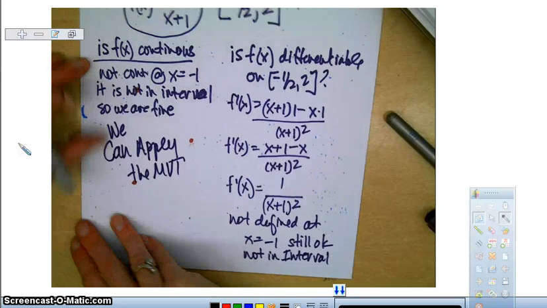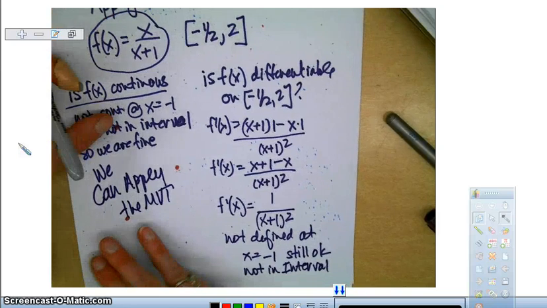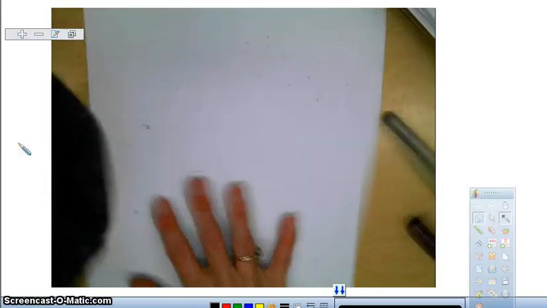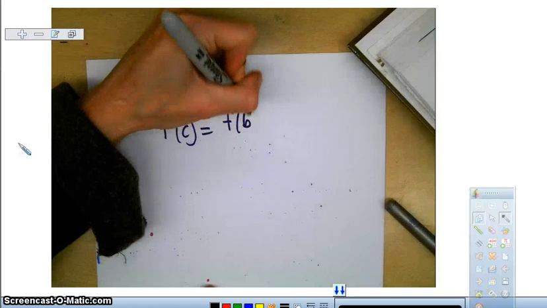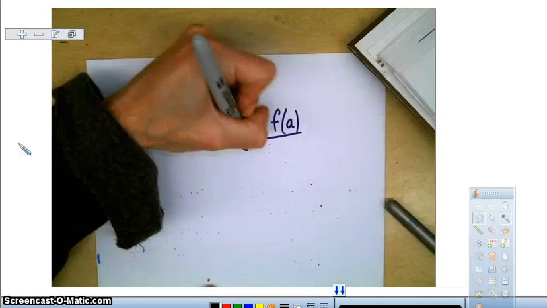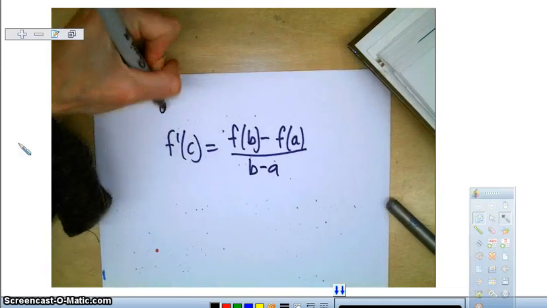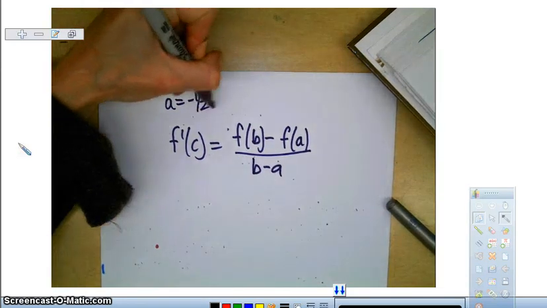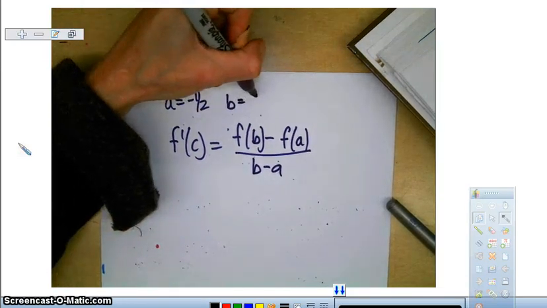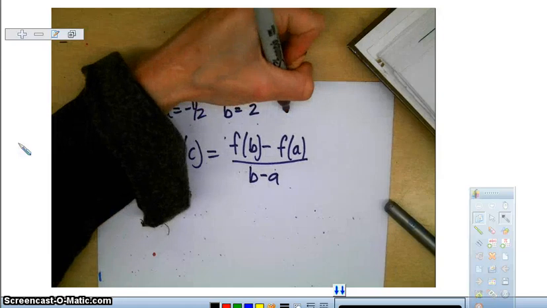All right, so now we need to actually apply it. So on the next page, I'm going to write the mean value theorem. F prime at C equals F at B minus F at A all over B minus A. So what's my A? -1/2. What's my B? 2. What's my C?